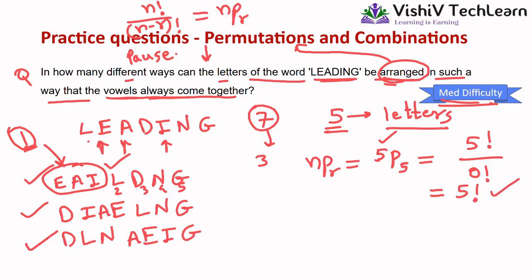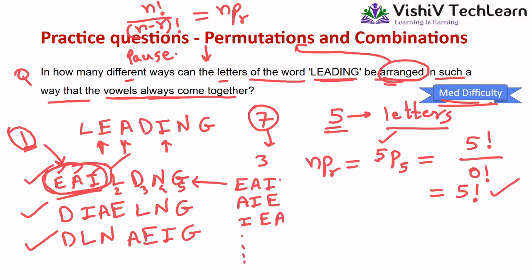And also we have vowels together always. In these 5 factorial ways we have the vowels always together, which are 1, 2, 3 vowels. So these 3 vowels may also interchange their positions. For example, in this letter it may be E, A, I, or A, I, E, or I, E, A, or a few more.